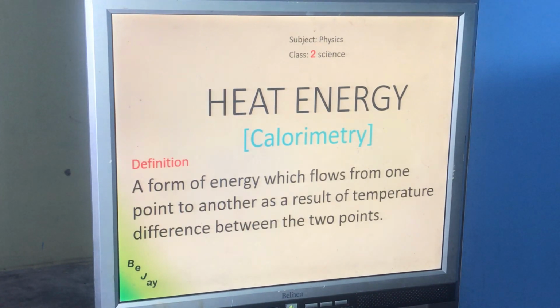So what is heat energy? We define heat energy as a form of energy which flows from one point to another as a result of temperature difference between the 2 points. Let me explain this more. What do we mean by temperature difference between the 2 points? For instance, we have a body having a temperature of 70 degrees Celsius.